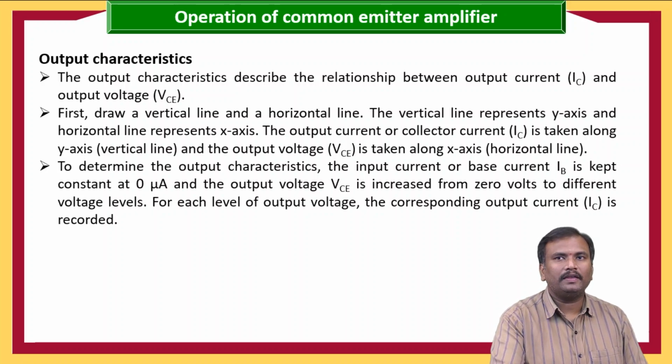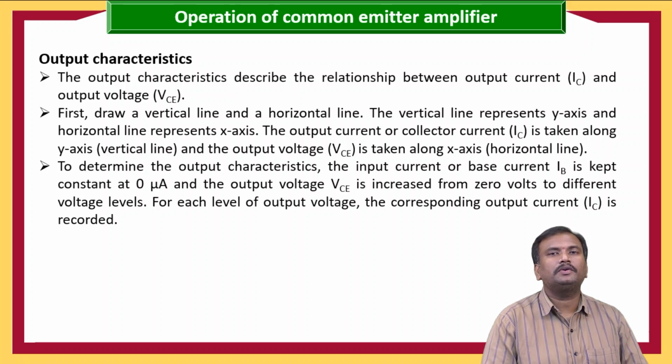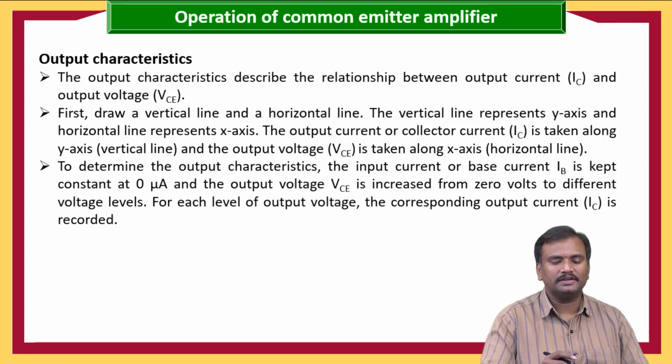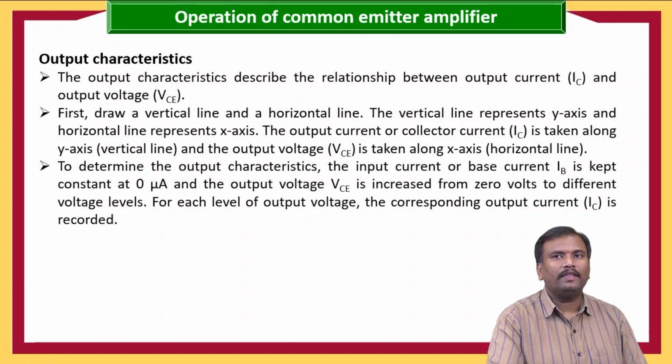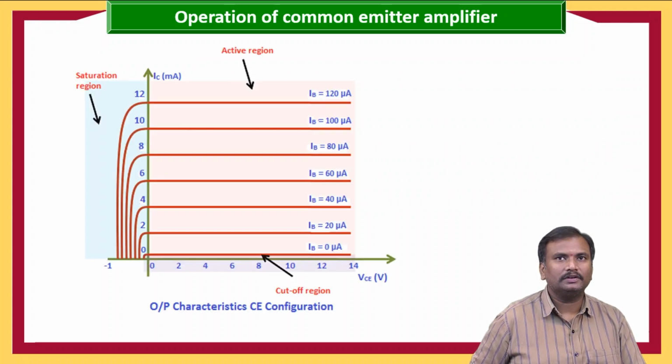In order to determine the output characteristics, first we need to keep the base current at 0 microamperes, because always base current will be in microamperes. And the output voltage is increased from 0 volts to different voltage levels, and we need to record the VCE and IC values.